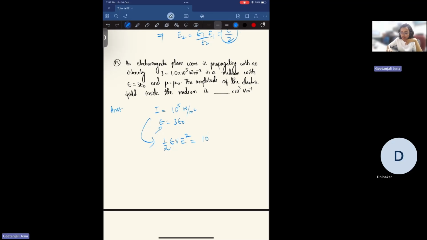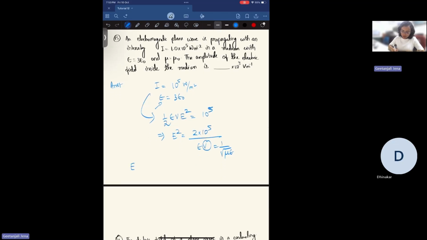This is given 5. E square is... epsilon is given. It is 3 epsilon naught, and V, what you can do, you can write in terms of... So V is nothing but 1 by square root epsilon.